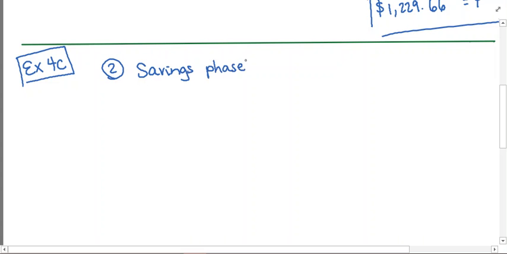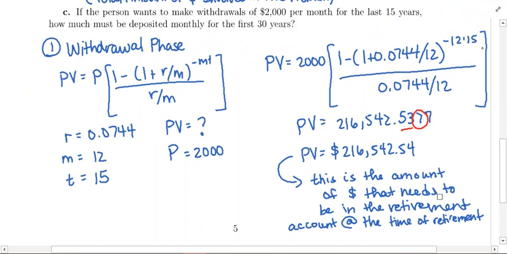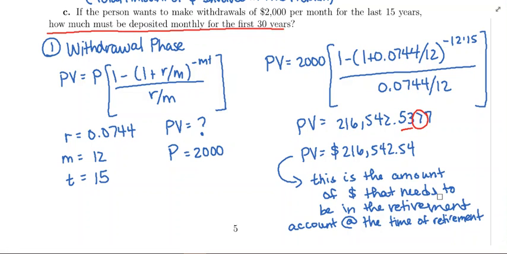If you read the question again, the end goal here is to figure out how much the person has to deposit monthly for the first 30 years. That's the savings phase. Since the person would be making regular contributions into a savings account, some deposit, we don't know how much, but they're going to make it every month for 30 years.